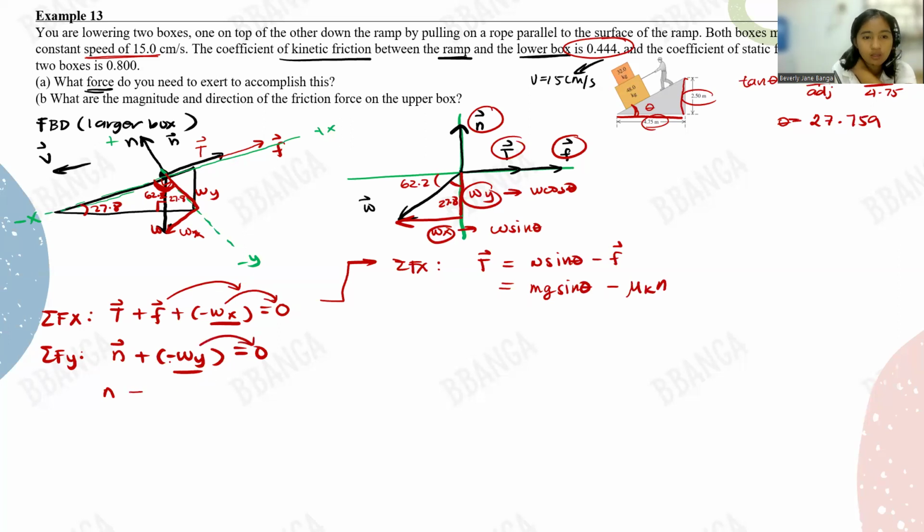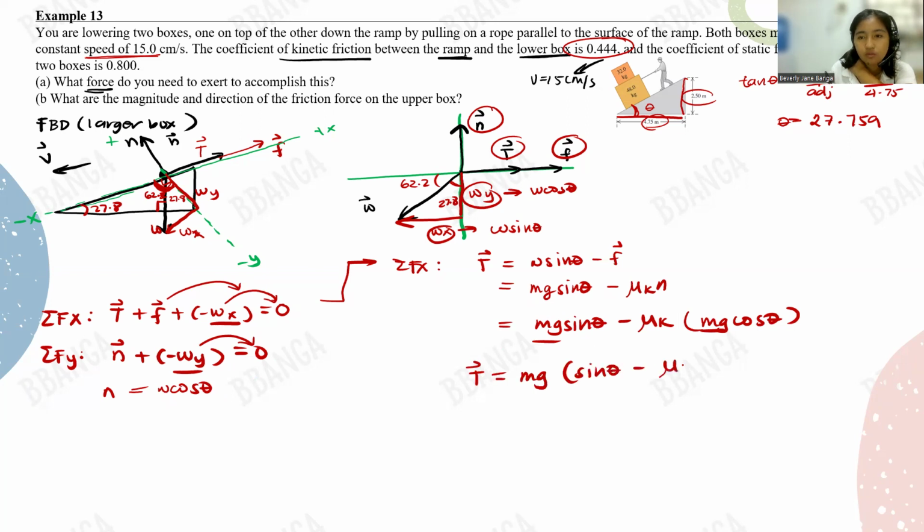Yung n natin is wy, which is w cosine theta. So, susulat natin siya as mg sin theta minus mu k times yung n natin, which is also mg cos theta. So, pwede kong i-pull out si mg. So, T is equal to mg times (sin theta minus mu k cos theta).